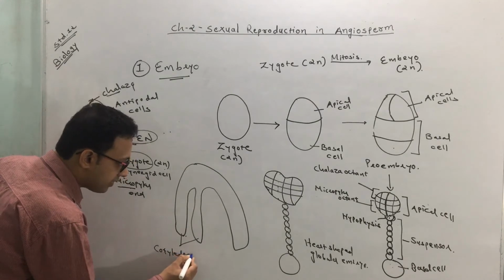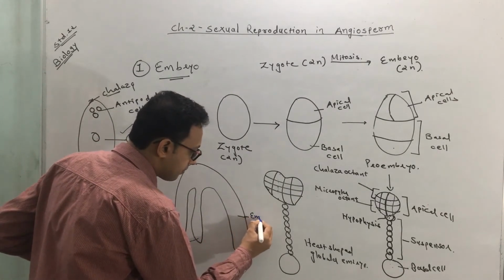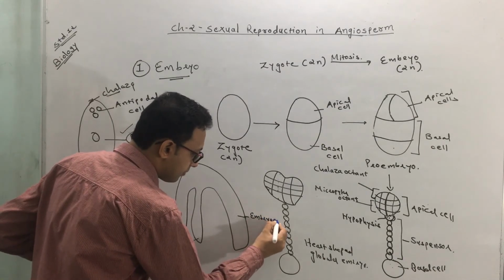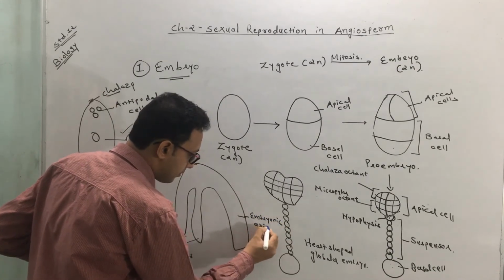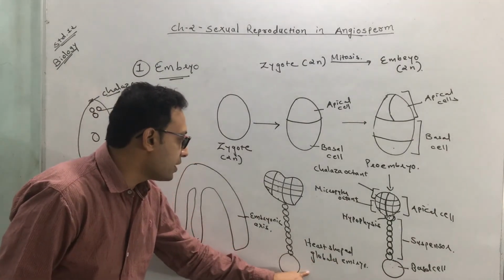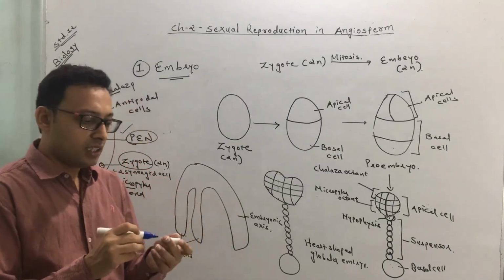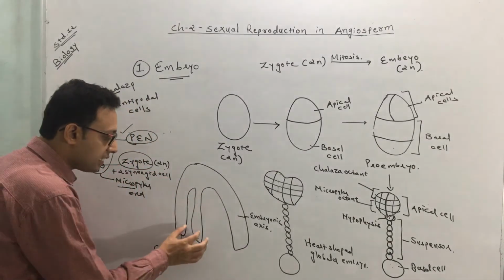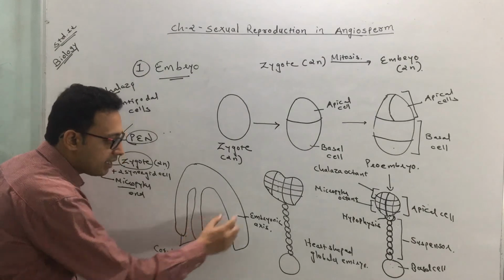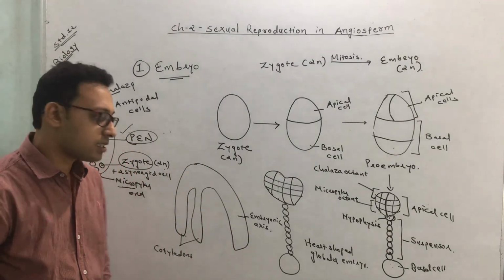It is dicotyledonous, and this is called the embryonic axis. So now this heart-shaped globular embryo is converted into such a structure in case of a dicotyledonous seed. It contains 2 cotyledons and 1 embryonic axis.